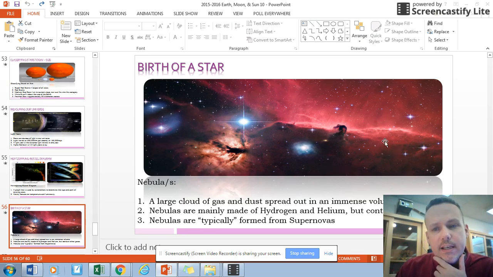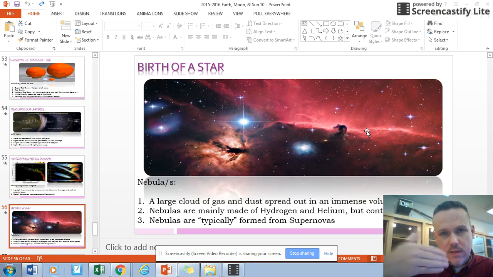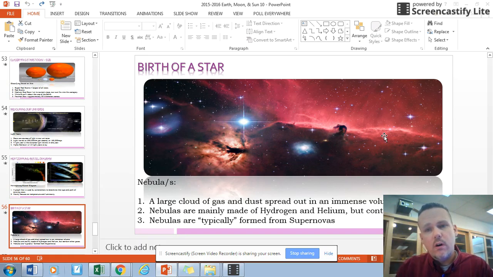Now, inside this, and we're looking back in time when we look at this picture because it took time for this image to even get to our telescopes, but definitely there'll be some coalescing of the gases to form new stars. And this nebula would have been made more than likely from a pre-existing supernova explosion, if I had to guess.